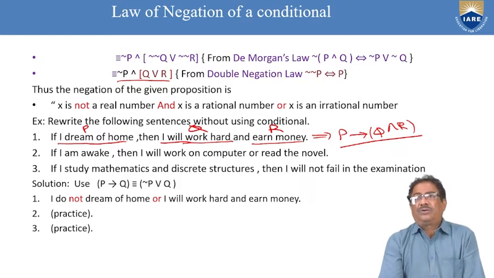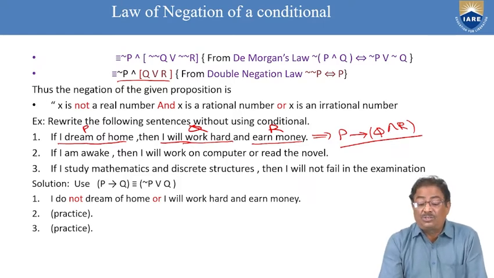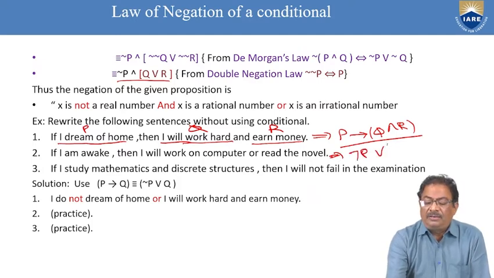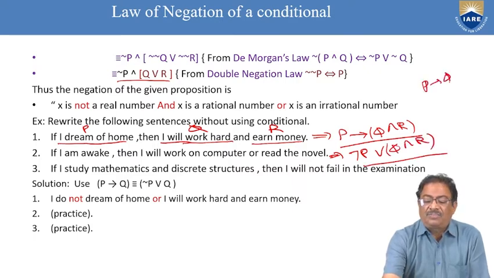Rewrite the sentence without using the conditional. Here it is used as a condition. Now I am taking the equivalent form of this: P implies Q and R. So this is the conditional. What is the equivalence of the conditional?